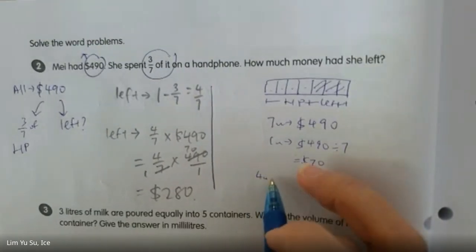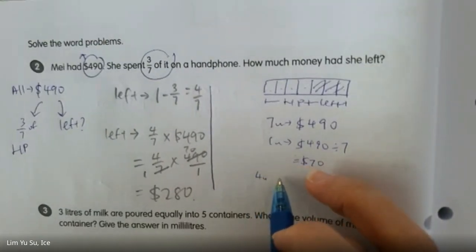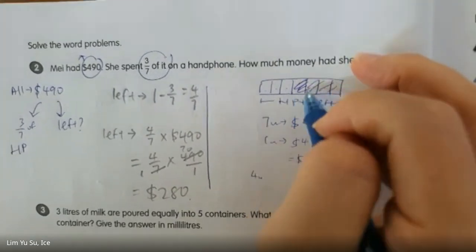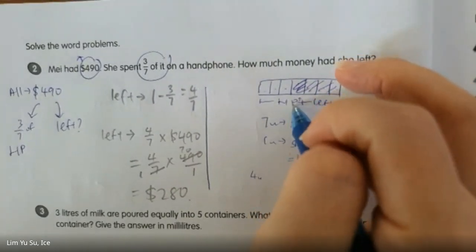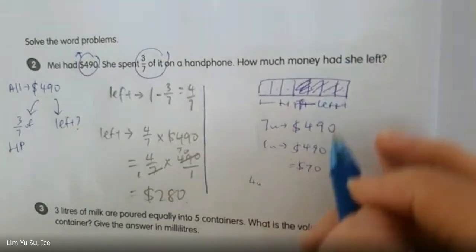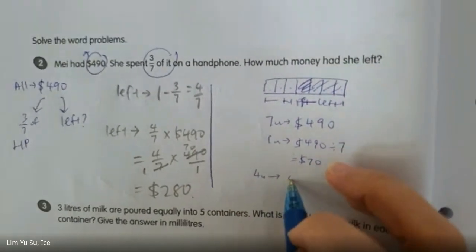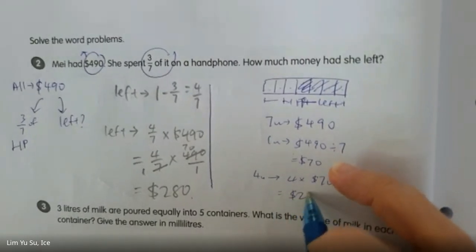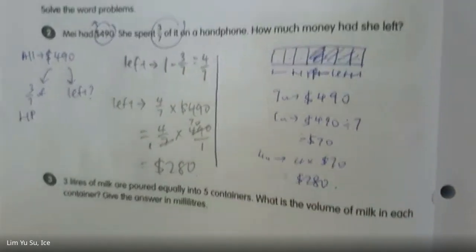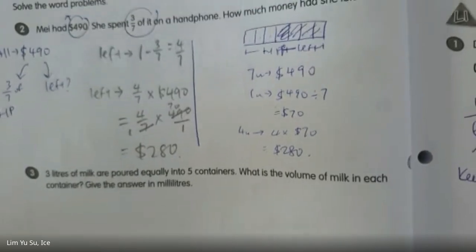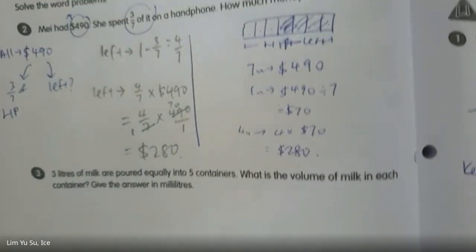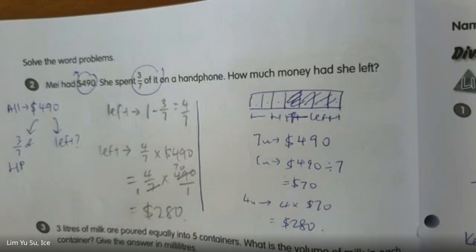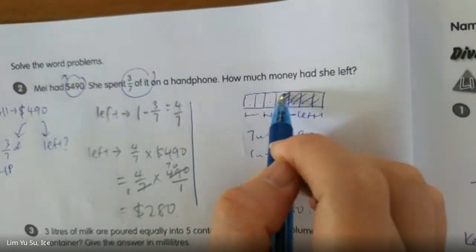Left is 4 units. Okay, 4 units is left, so 4 times 70, $280. So 2 methods here. One is by solely fractions. Okay, one is unitary.